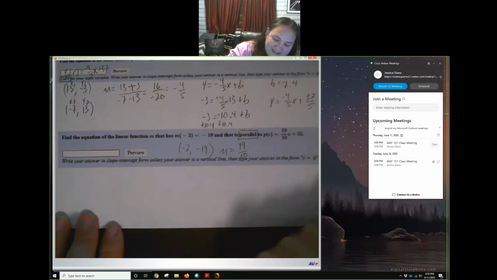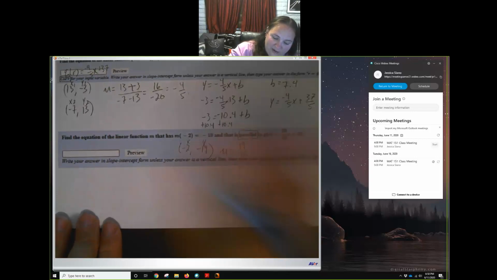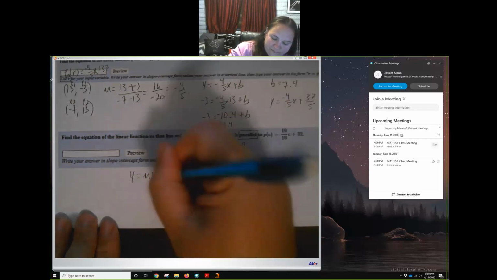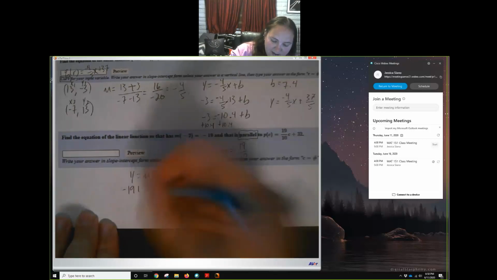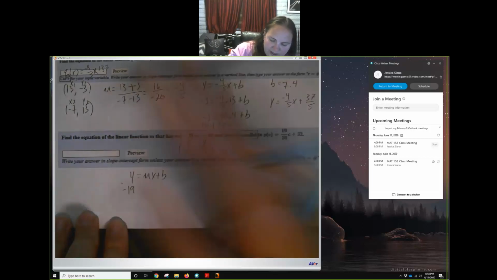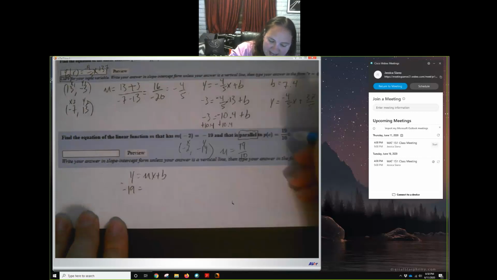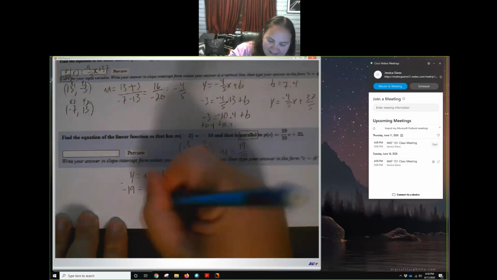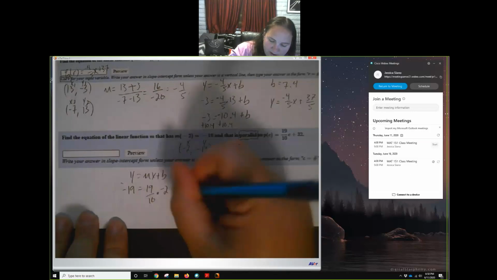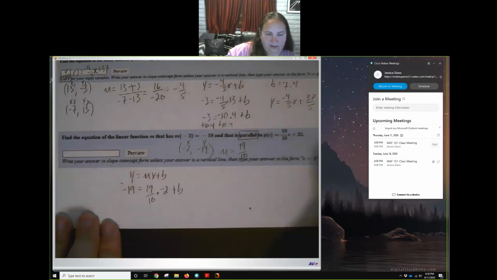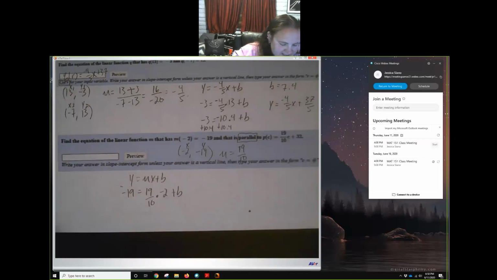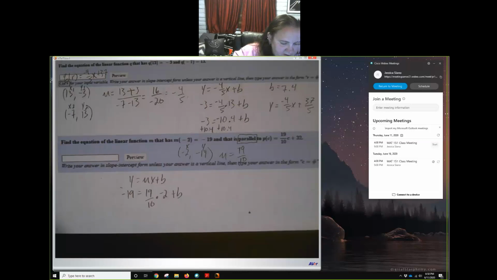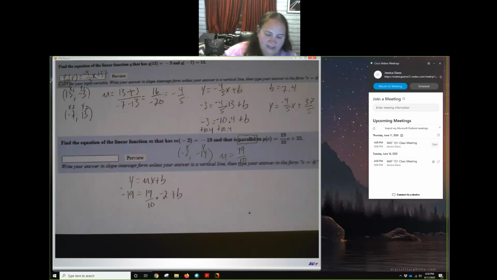So this is my x and this is my y for y equals mx plus b. So y equals -19. M is 19/10. X is -2. So 19/10 times -2 is -3.8.